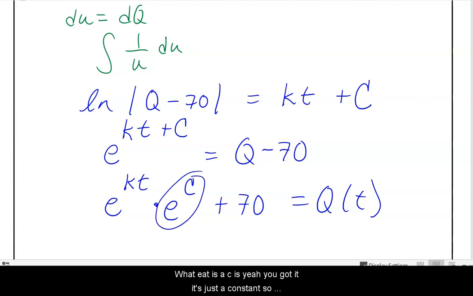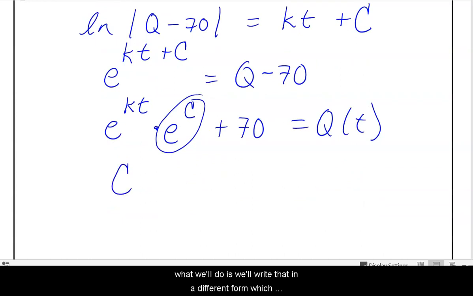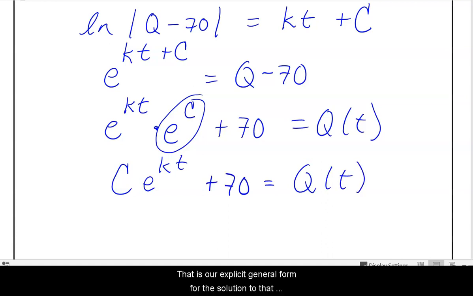But e to the c is, yeah, you got it. It's just a constant. So what we'll do is we'll write that in a different form, which looks like c e to the kt plus 70 equal to q of t. That is our explicit general form for the solution to that differential equation.